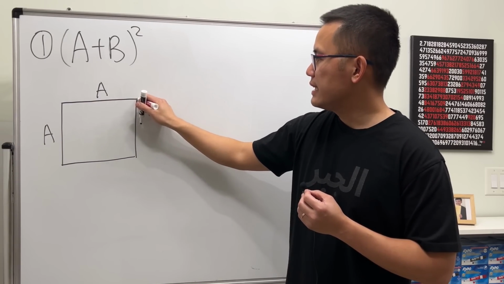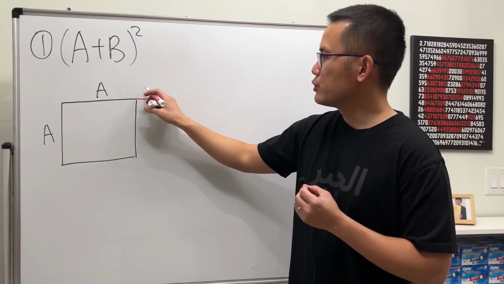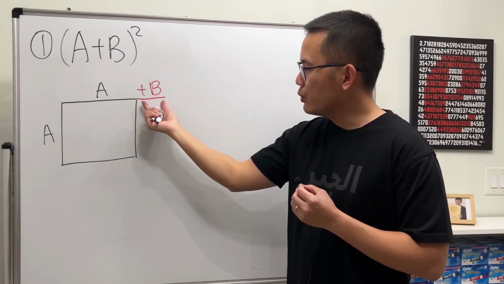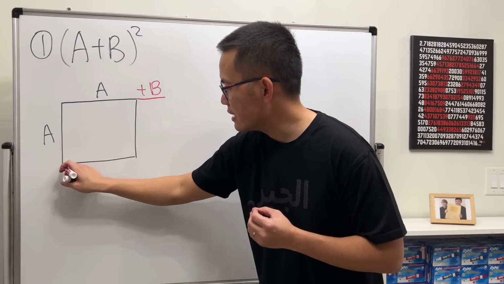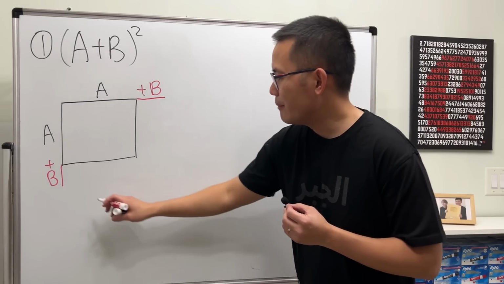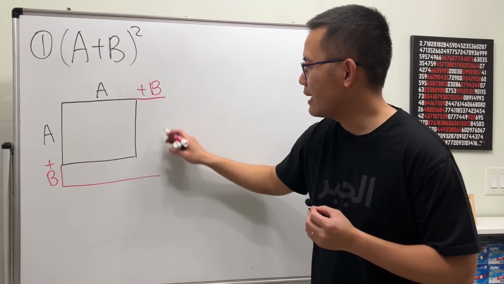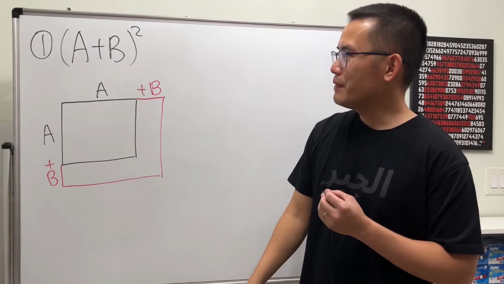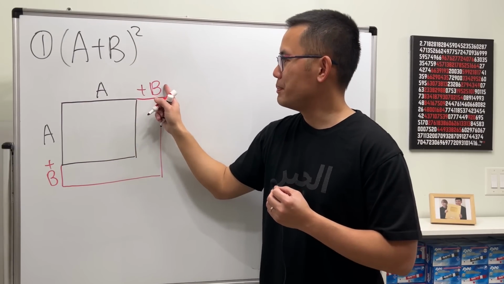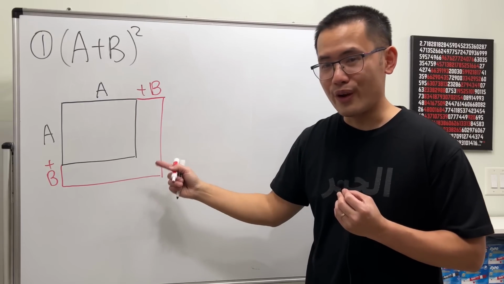I can just extend it a little bit. Let's say this much right here is the additional b part. I'm going to do the same thing right here to this side. So a plus b. And then I'm going to finish my squared. Have a look. We have a plus b squared. A plus b, and it is a square.